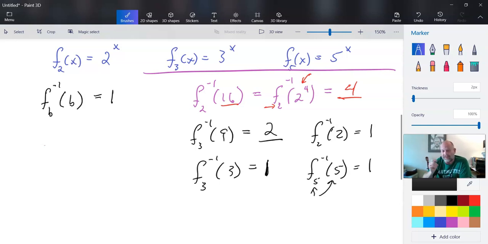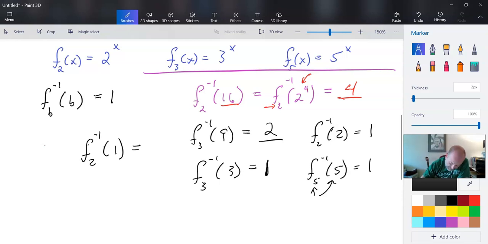Likewise, there's another value that does this, where no matter which base you plug it into, you get the same answer every single time. And that's when you plug 1 into one of these inverses, right? So if I have the f base 2 inverse of 1, I just picked 2 so we can compute it. 2 to what power is 1?